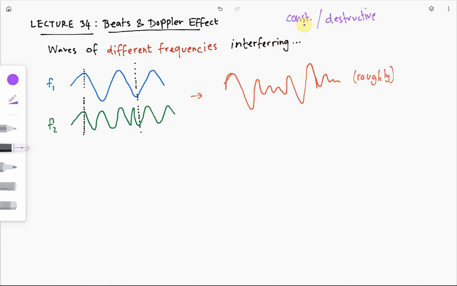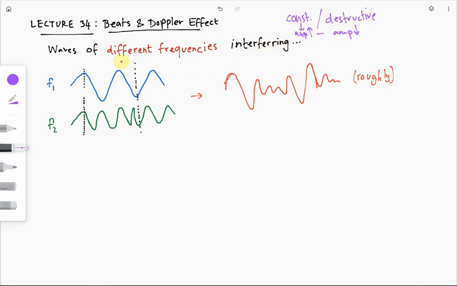Constructive interference occurs at places where waves add to get higher amplitude, and destructive interference where amplitude is decreased because the waves are out of line.